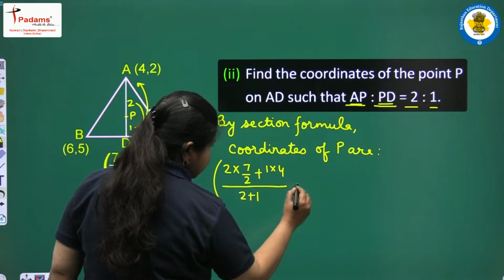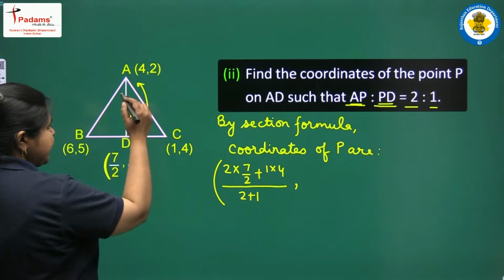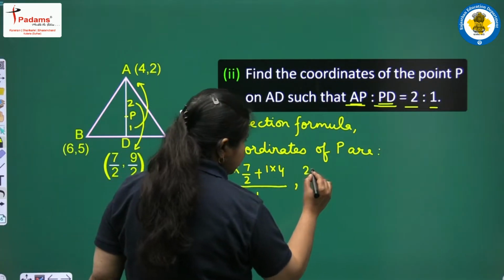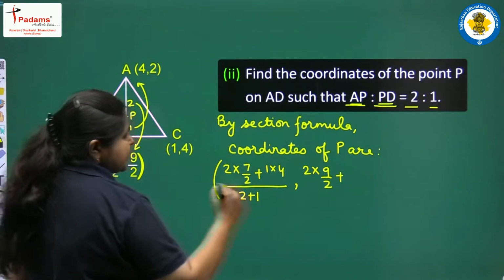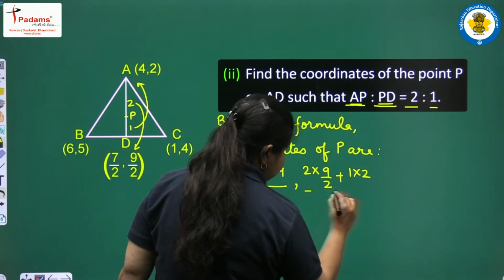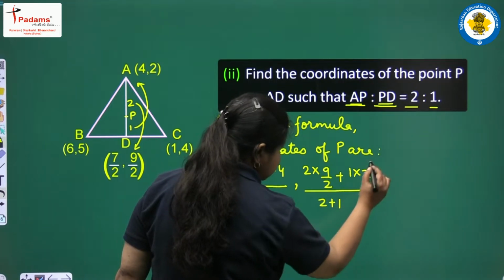Got it? This is the x coordinate. Y coordinate के लिए 2 will be multiplied by 9/2 plus this 1 will be multiplied by 2, 1 into 2 और यहाँ आ जाएगा 2 plus 1.